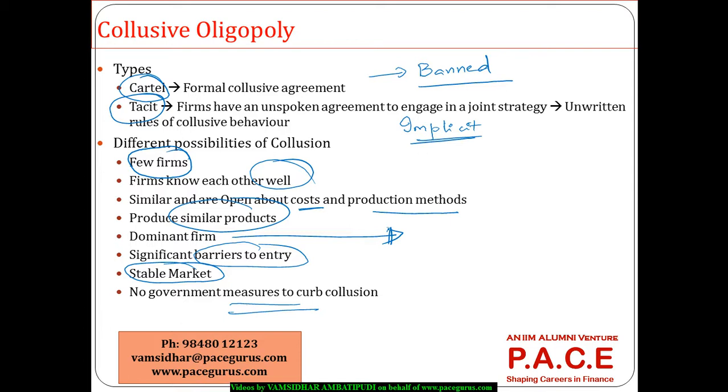If the dominant firm which has the largest market share is increasing the price, it's very much possible that all others will virtually increase their price. So it's as good as they have got into a collusion with the dominant firm as well.